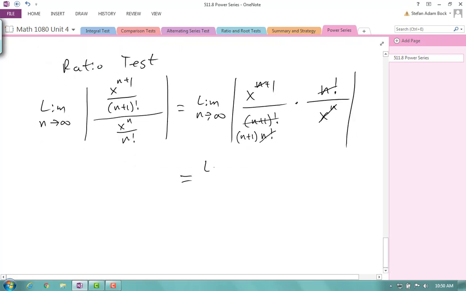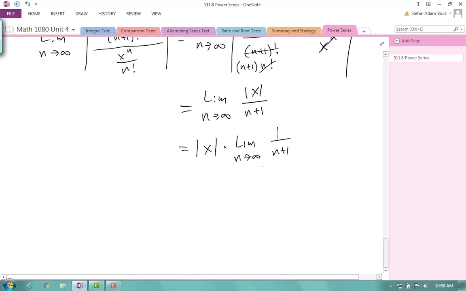This gives me the limit as n goes to infinity of the absolute value of x over n plus 1, which is already positive. So I have the absolute value of x times the limit as n goes to infinity of 1 over n plus 1. But this limit is 0. I have the absolute value of x multiplied by 0. So I get 0.